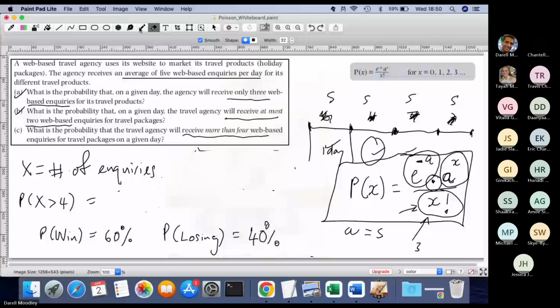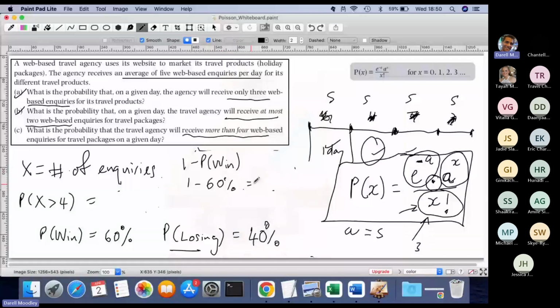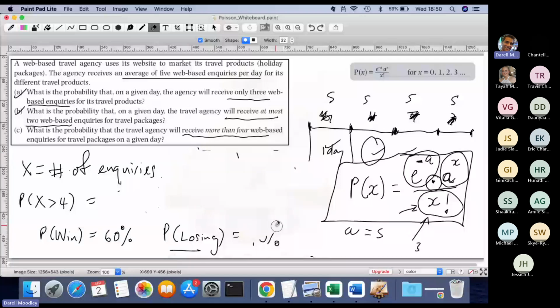So 1 minus 60% gives you 40%. That's what you've done. You used what we call the complement rule. The complement. Keep that reasoning in the back of your mind when I explain this.